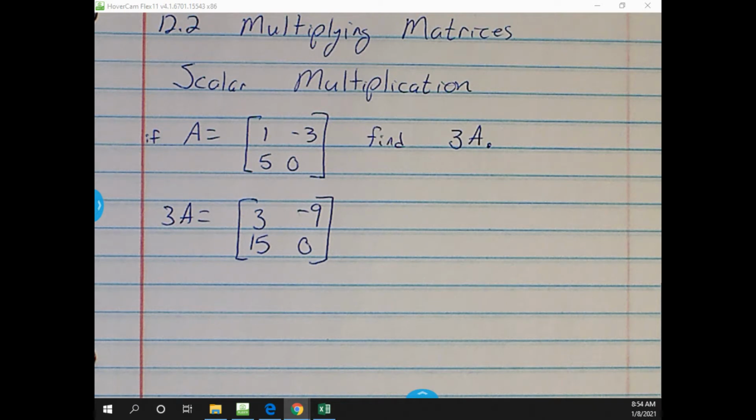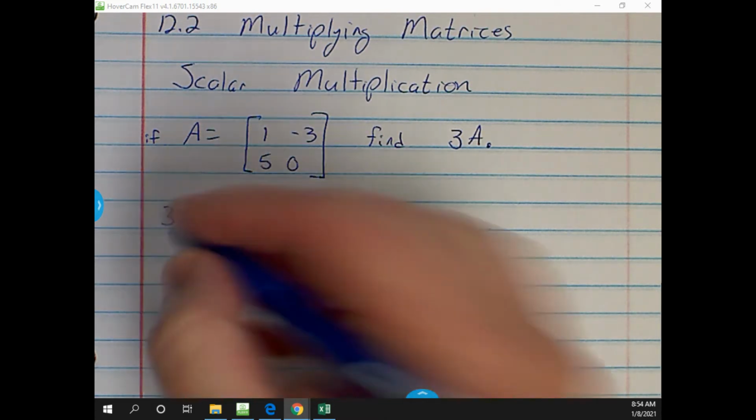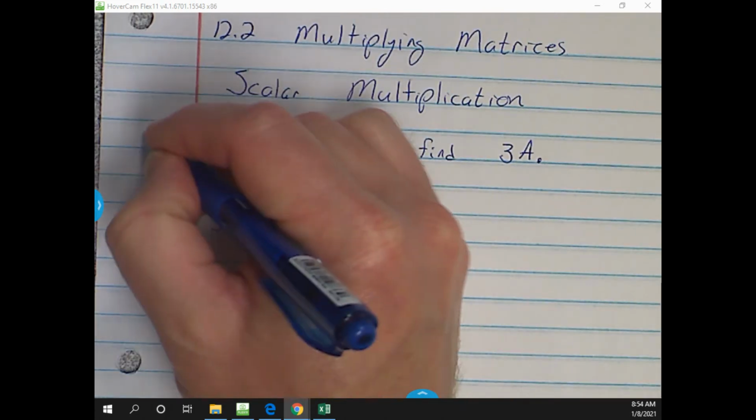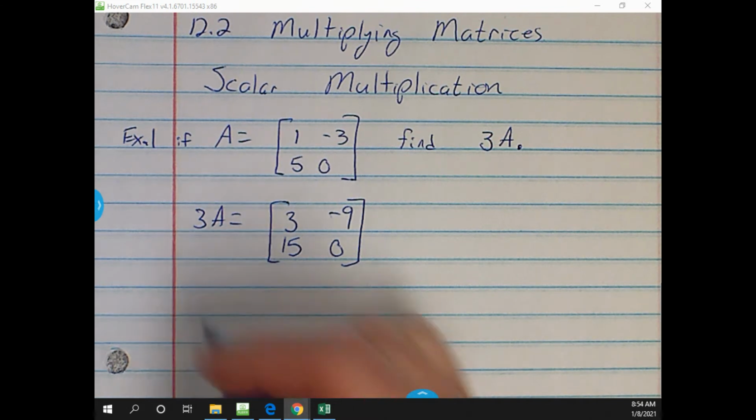Probably what they're going to do in most of these questions, though, is make it a combination of scalar multiplication, and then put in some addition and subtraction like we were doing yesterday. So more than likely, if this was example 1, most of them will look more like this.